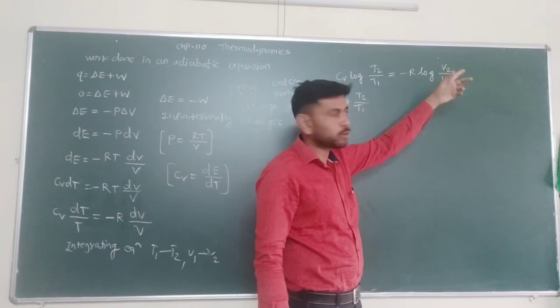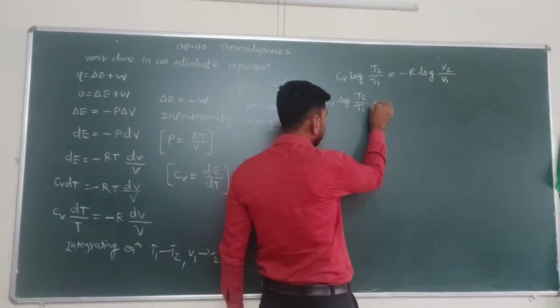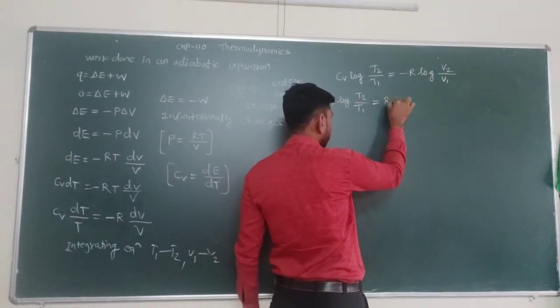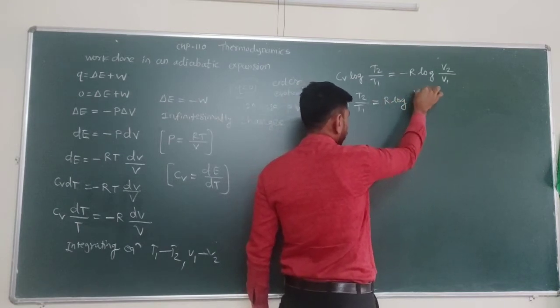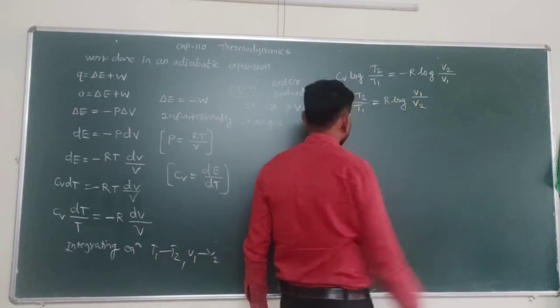If we take the reciprocal, V1 upon V2, then the minus sign is removed, so R log of V1 upon V2.